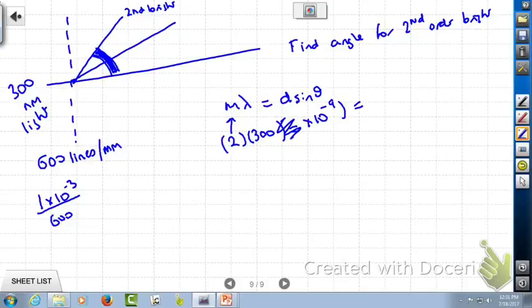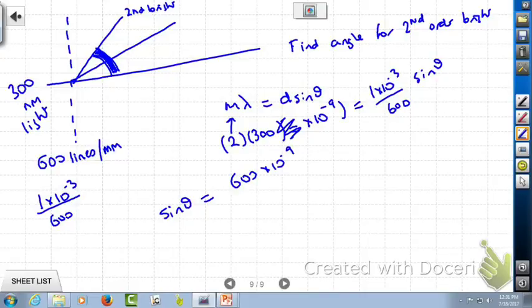So this equals 1 times 10 to the minus 3 over 600 times sine theta. So sine theta is equal to 600 times 10 to the minus 9 times 600, well, that's interesting, over 1 times 10 to the minus 9.